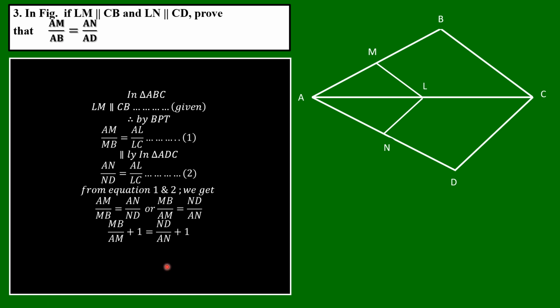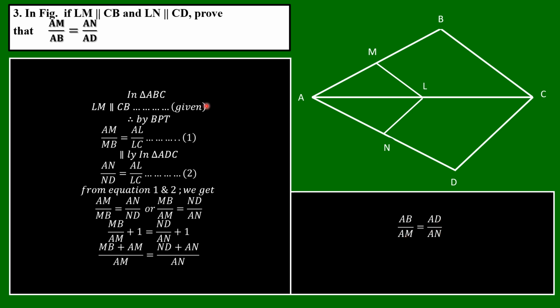And further add 1 to both sides, we get, on simplifying, MB plus AM is equal to AB, and ND plus AN is equal to AD. So replace this by AB and AD, we get AB upon AM is equal to AD upon AN.